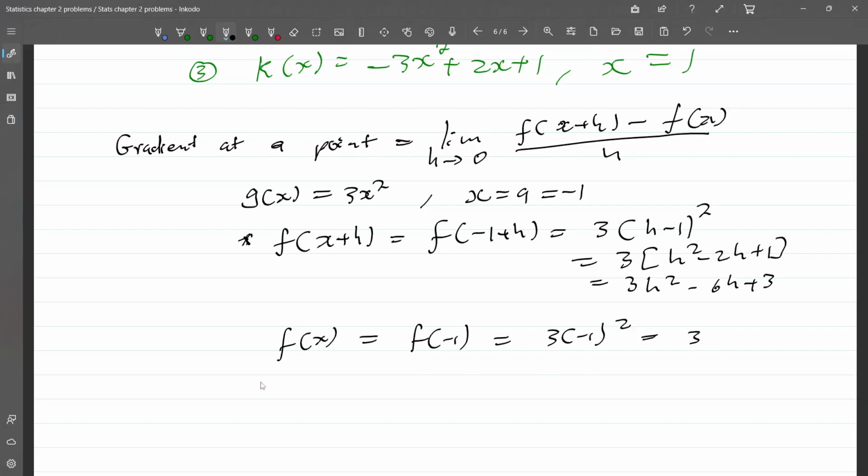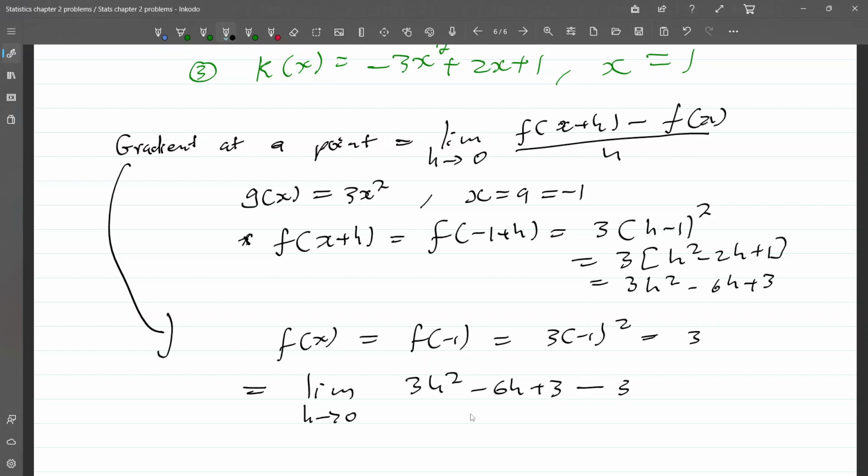Therefore, we have the limit when h goes to 0 of 3h squared minus 6h plus 3 minus 3, over h.